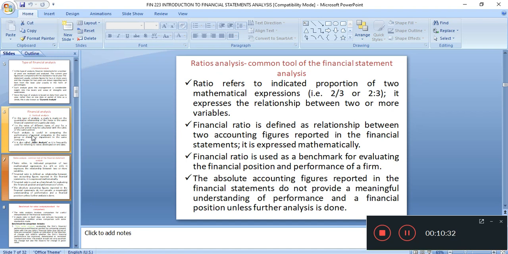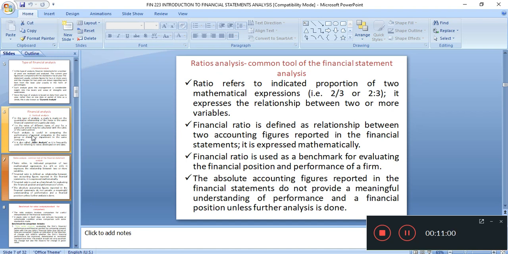It is used in mathematics to indicate the proportion of two mathematical expressions, like 2/3, 2 divided by 3. This expresses the relationship between two or more variables. A financial ratio is defined as a relationship between two accounting figures reported in the financial statements.